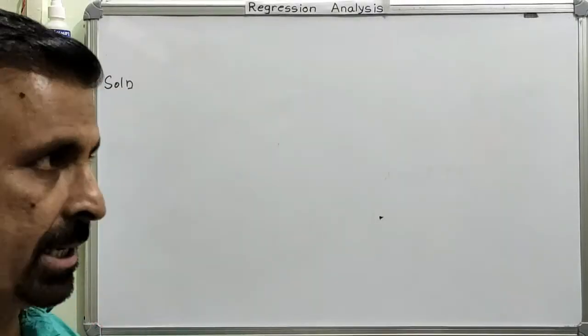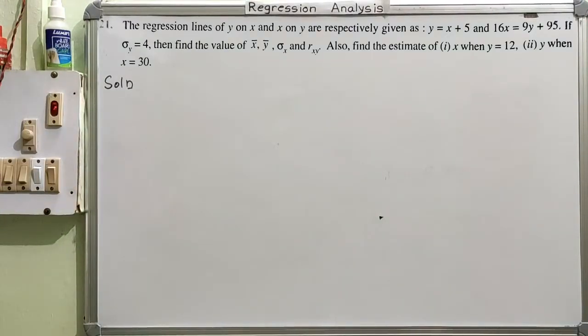Next, question number 21. Look at the board. The regression lines of y on x and x on y are respectively given as so and so. In this question, we are already given the lines of regression. The first line of regression of y on x is y is equal to x plus 5.